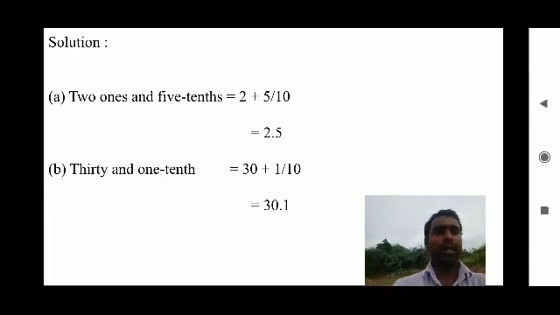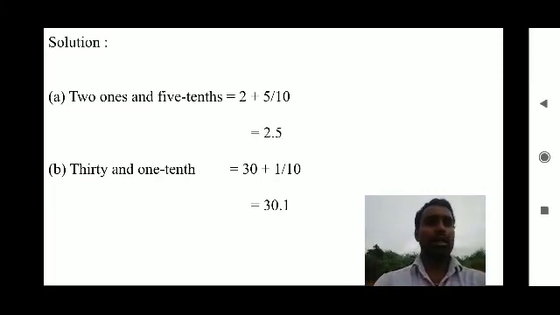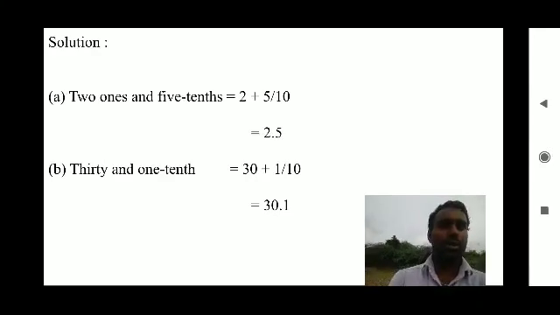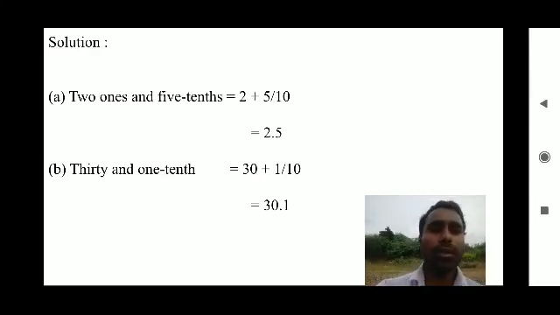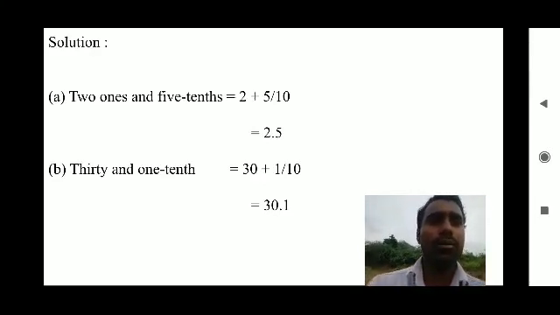In 10, how many zeros? Only one zero. That means after the point you place only one digit. So 30 plus 0.1. When you add 30 plus 0.1, what will happen? 30.1. Shall we go to the next problem?